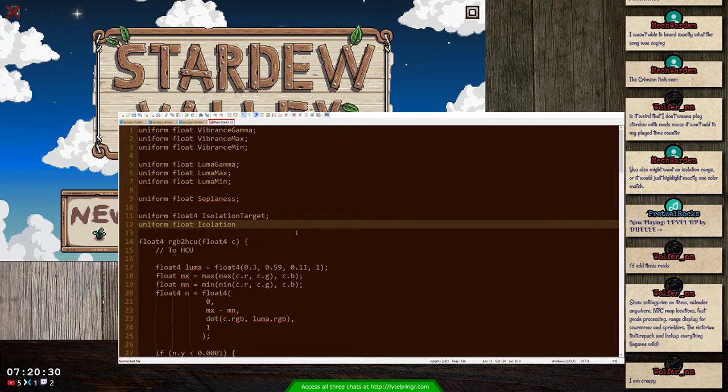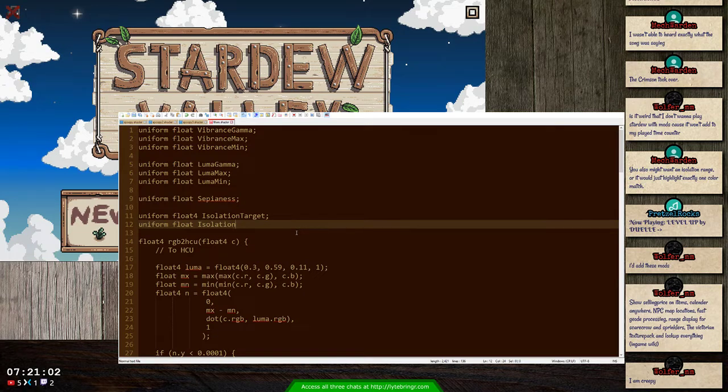Because we need it to be able to have absolutely no isolation at a certain point, where it just gives you all of the colors back. But I also don't want it to be just a step function of is it the right color or not. I don't want it to be a sudden thing where if it's like cyan, there's a sudden cutoff in your cyan.